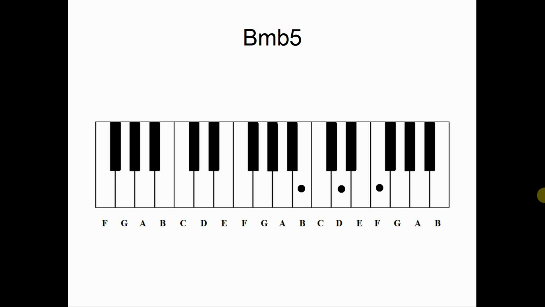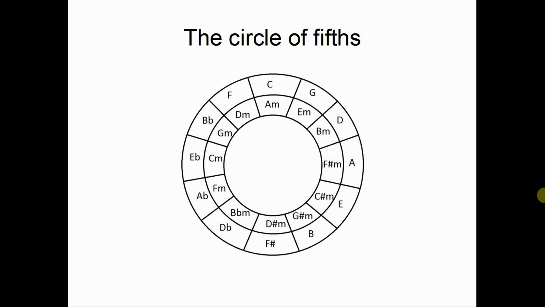Now, if we look at what is called the circle of fifths, this is a crude drawing that I made about the circle of fifths. Here we have all the keys and all the major and minor chords.